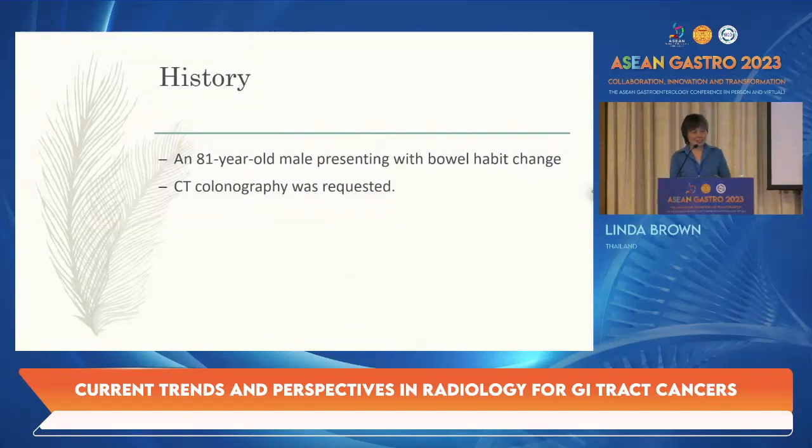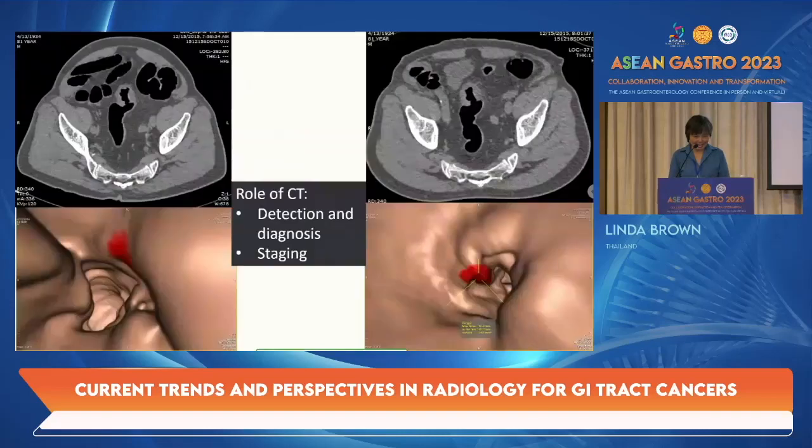So CT colonography was requested, and this is the 3D endoluminal view down here. You can see there is marked narrowing of the lumen with irregular mucosa, with a mass encroaching the lumen.